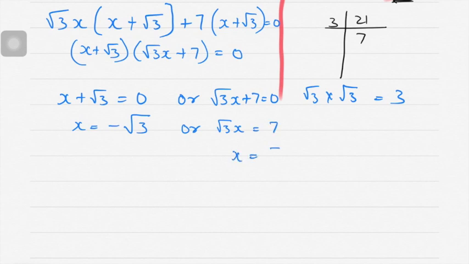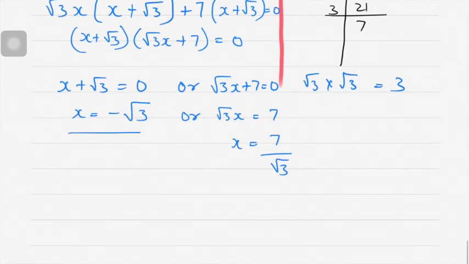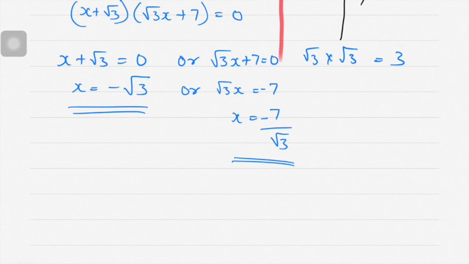So x is equal to minus root 3, or root 3x is equal to minus 7, x is equal to minus 7 upon root 3. So this is the final answer. X is equal to minus root 3, or x is equal to minus 7 by root 3.